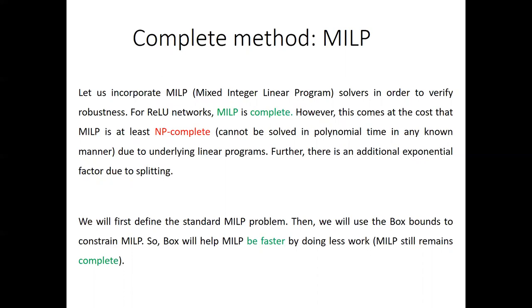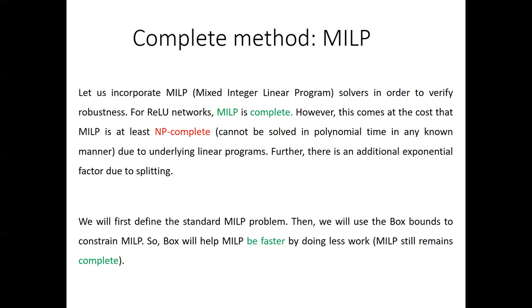So if, for example, robustness holds for the particular point we are trying to prove it for, like an image, a MILP solver should in theory be able to prove this property. The downside of MILP is that it is expensive.